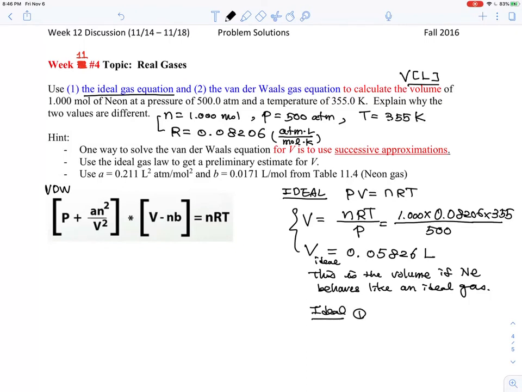One, no interactions between gas molecules, no attractive or repulsive interaction. Number two, no physical volume, or what they call excluded volume. Those are the two assumptions for ideal gases.